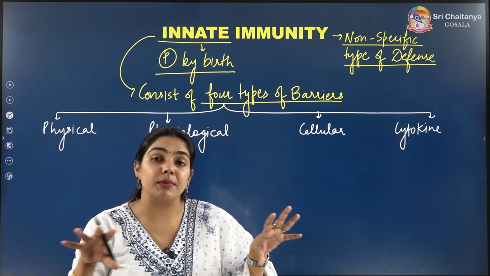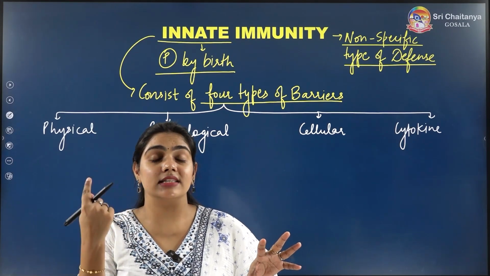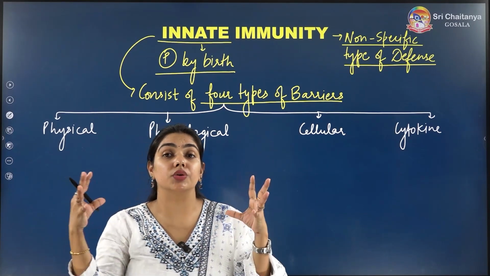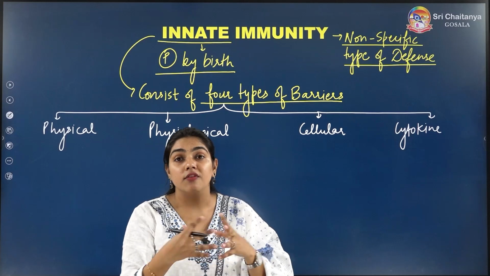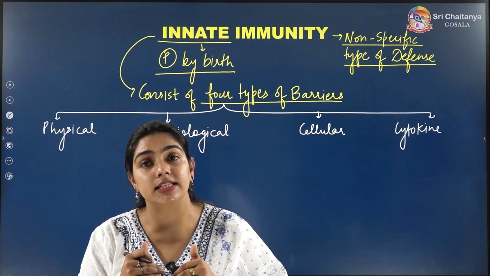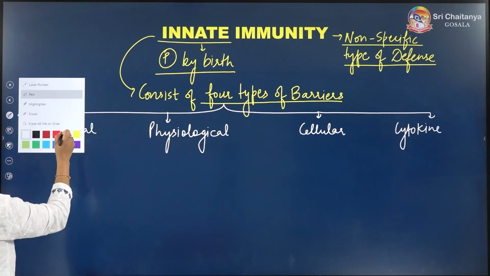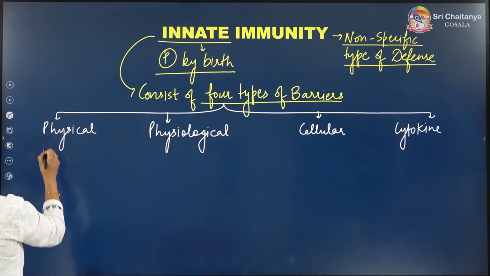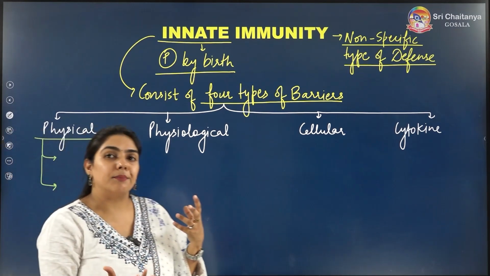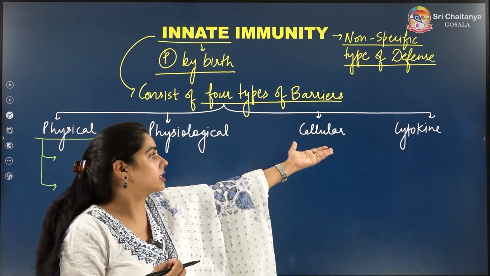So in all these major tracts, there is a mucus coating inside, and that mucus coating is going to trap the pathogens. It is going to trap the microbes which are coming to our body to cause harm, to cause disease. Alright, so in the physical barrier, two things will come. Very, very important question. They will directly ask you by giving examples, like skin is a physical or physiological or cellular or cytokine barrier.